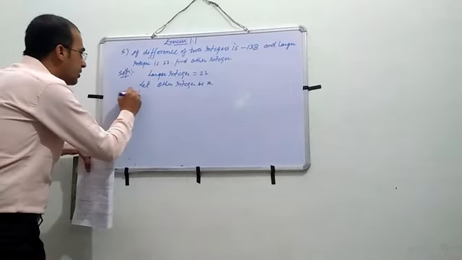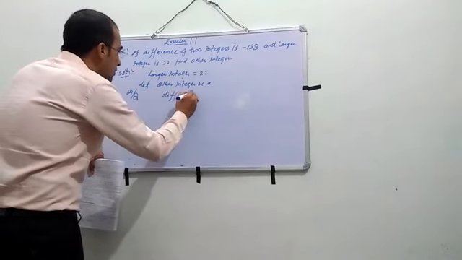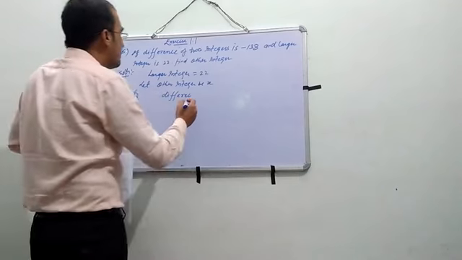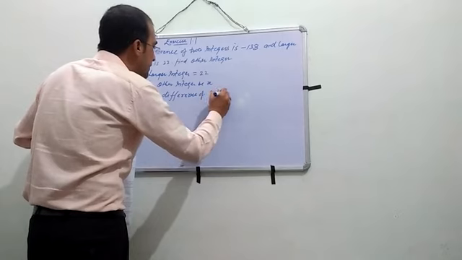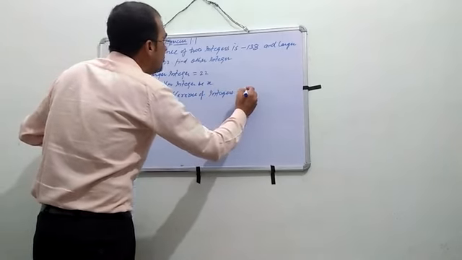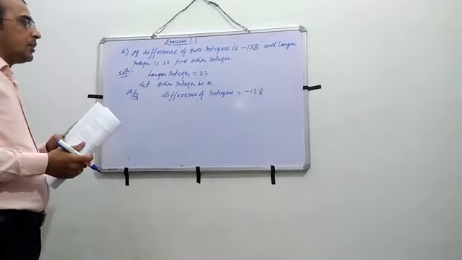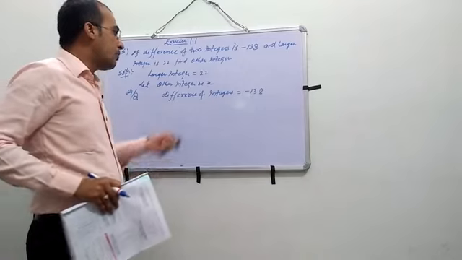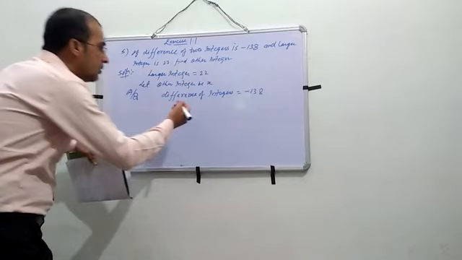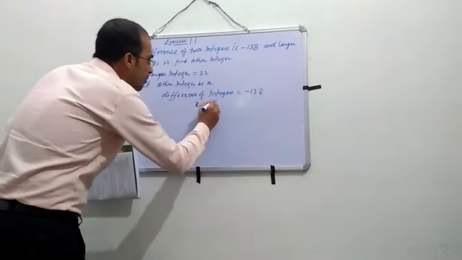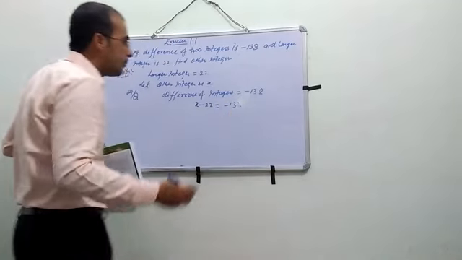So according to the question, the difference of the integers is equal to -138. What you have to do here, you will subtract the other integer from this one. So you will get x minus 22 equal to minus 138.